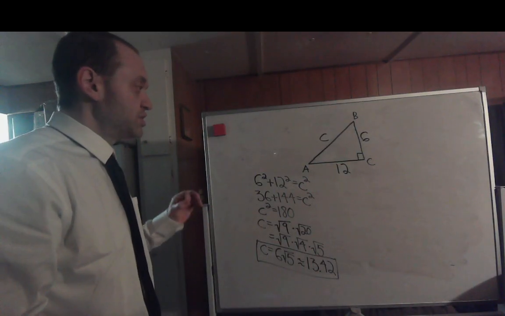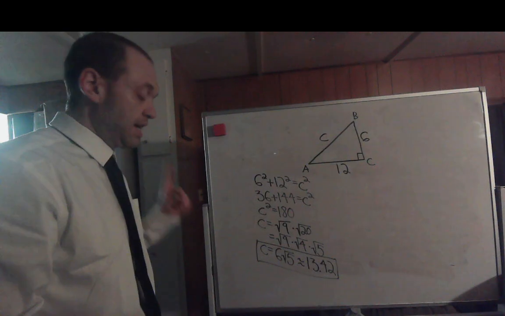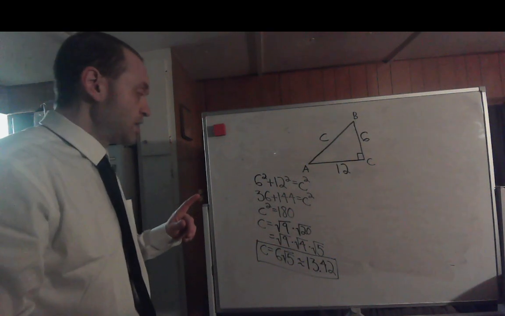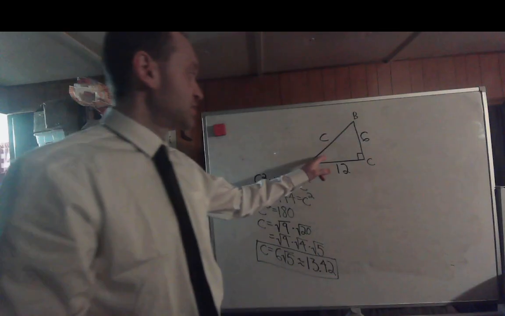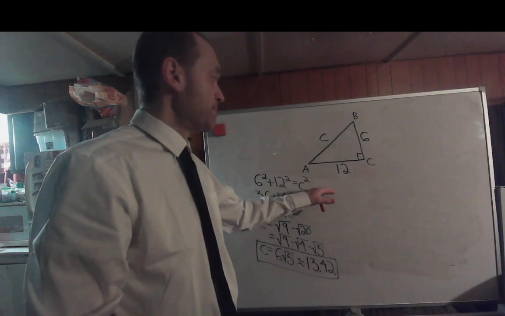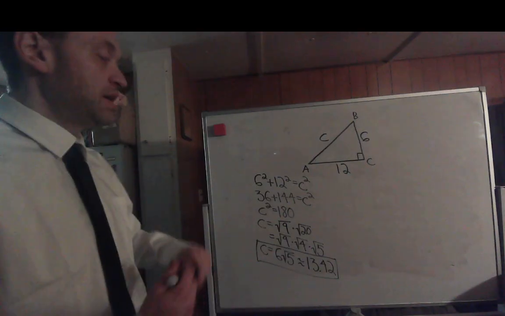Now we want to try to find one of the angles. I think it's pretty obvious we want to go for A, because the tangent of angle A equals 6 over 12, which would simply be 1/2.